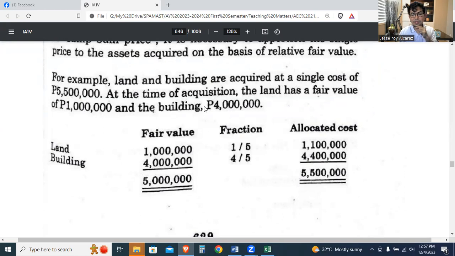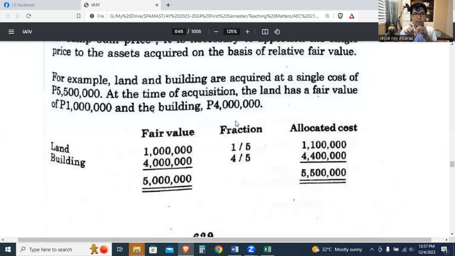At the time of acquisition, the land has a value of 1 million and building. Okay, sige, analyze muna natin. Nagpalita og bundled item. Building tsaka land. So gipalit na to siya for 5,500,000 pesos. However, the fair value of those properties as of the time of acquisition is 1 million and 4 million respectively.